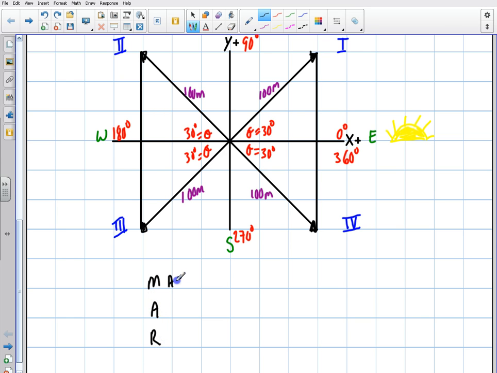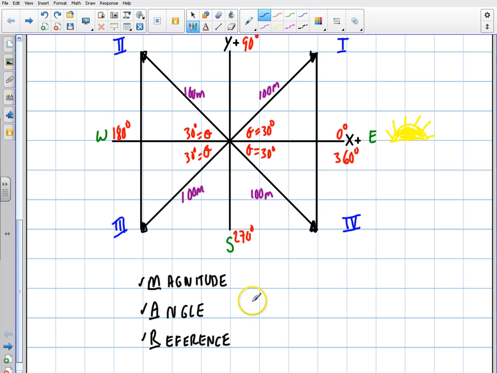Okay, so magnitude, an angle, and a reference. Okay, so if you can remember that MAR, for short, magnitude, angle, and reference.